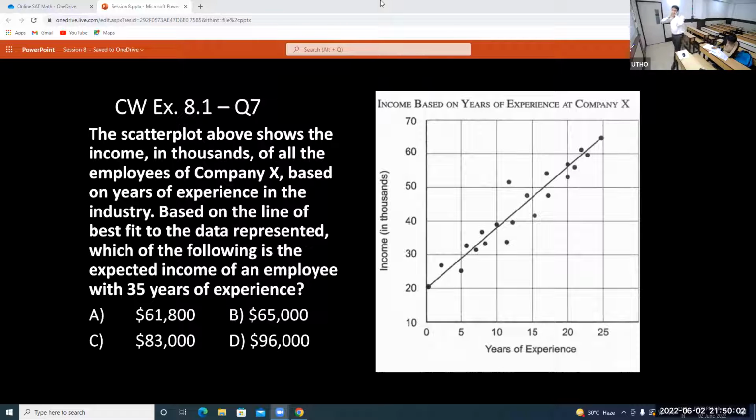These are real SAT problems. How will you find this? They have only given you till 25 years.